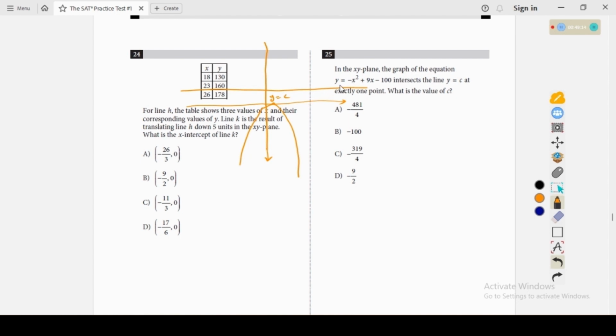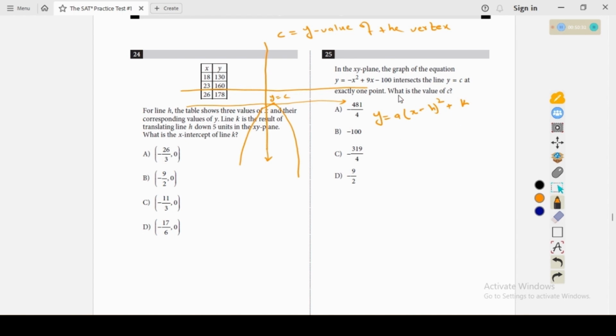This means the line y equals c intersects at the vertex of the parabola, so c represents the y value of the vertex. So I have to find the value of c, or the y coordinate of this vertex.